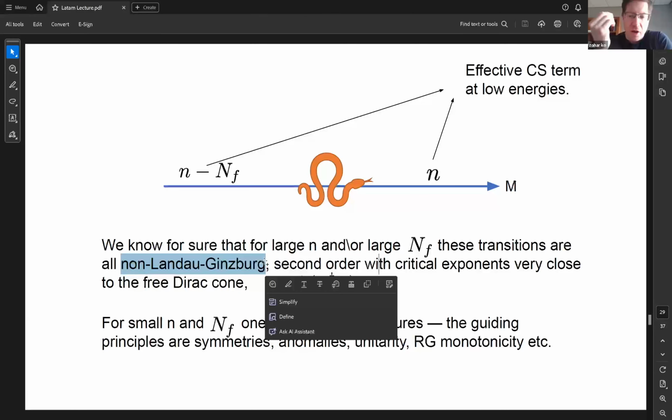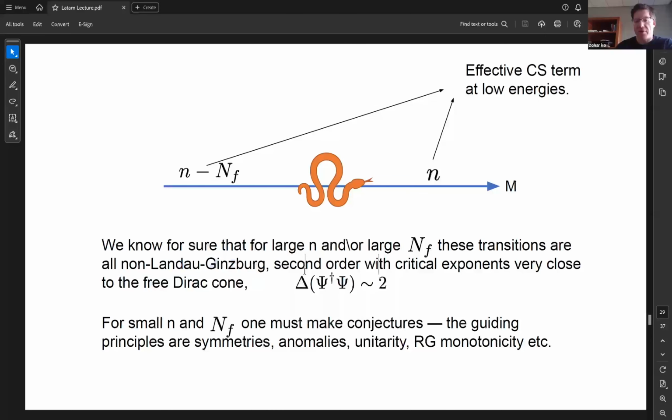So we know a lot about these theories with large little n or large nf because they are very weakly coupled. We can calculate the scaling dimensions, for instance, of the fermion bilinear. And the fermions behave almost like they're free fermions, but not quite. They're still anyons, but their scaling dimensions don't deviate very much from fermions.